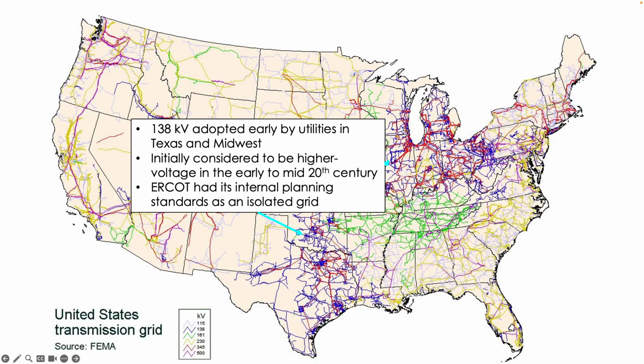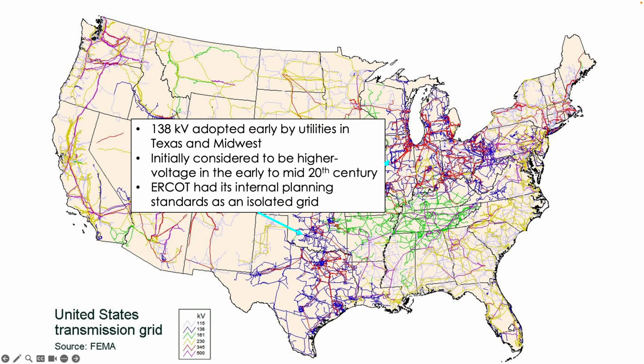So the 138 kilovolt system was adopted very early on by utilities in Texas and the Midwest. In comparison to the 115 that we saw a lot in the South and on the East Coast, that was considered to be, at the time, a higher voltage. And so we see a lot of that prevalence in that area.